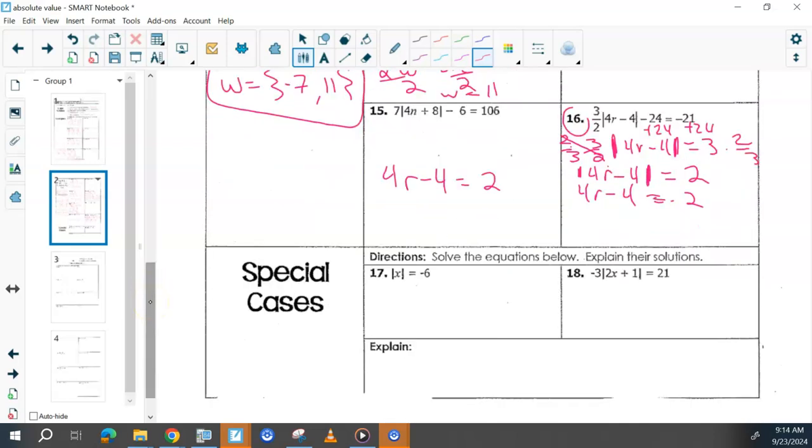By doing what? Adding 4. You're going to get fractions for both of these. So when we divide by 4, what are those two fractions?